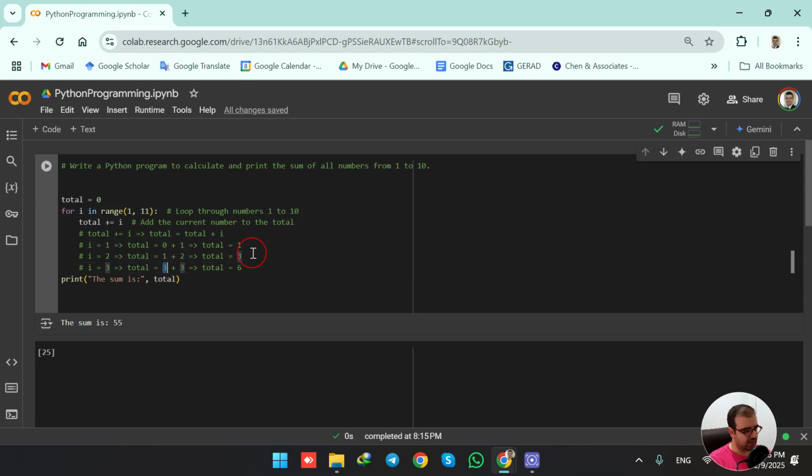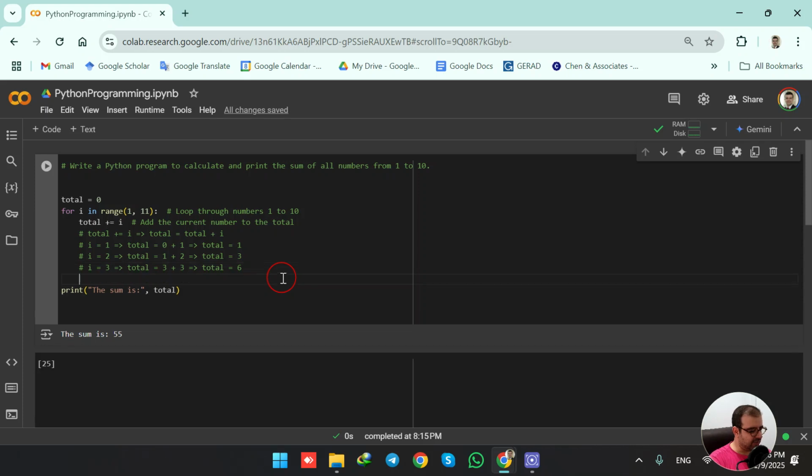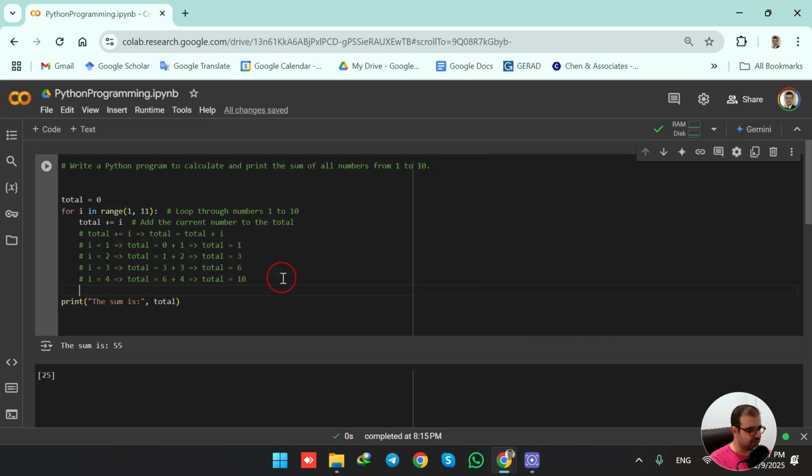This 3 comes from the total we calculated in the previous iteration, and this 3 comes from I equals 3, because the formula for the new total is total plus I. Okay, the already existing value of total plus the current I. And then when I equals 4, total equals 6 plus 4. Therefore, total equals 10.